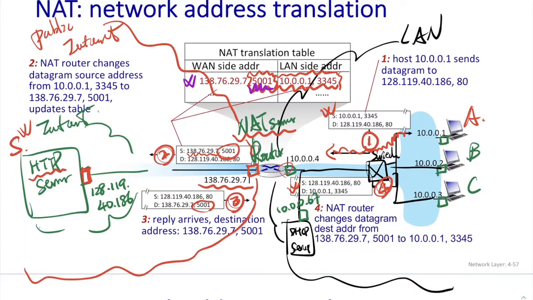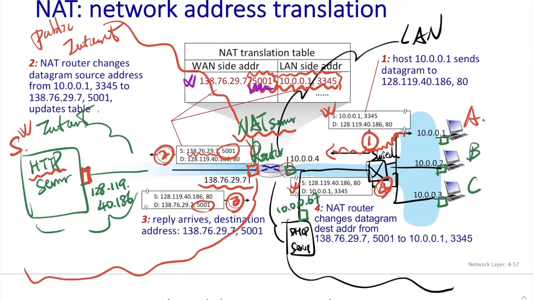For example, B can establish another communication to the public server, and the NAT server can reuse the 5001 port number in another entry. But there's a very important thing: the entry is created when the first packet goes out.